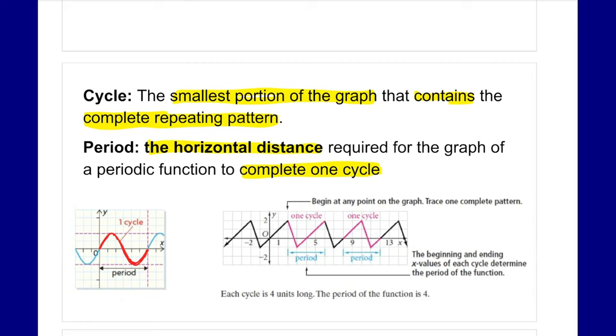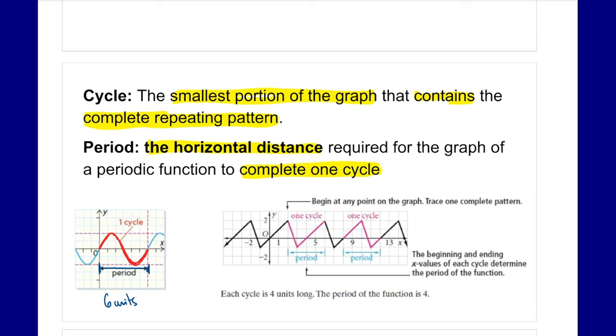So that's one cycle. We can also see that one period is the horizontal distance from the start to the end of our cycle. So in this case, our cycle takes 6 units. So our cycle is 6 units long.